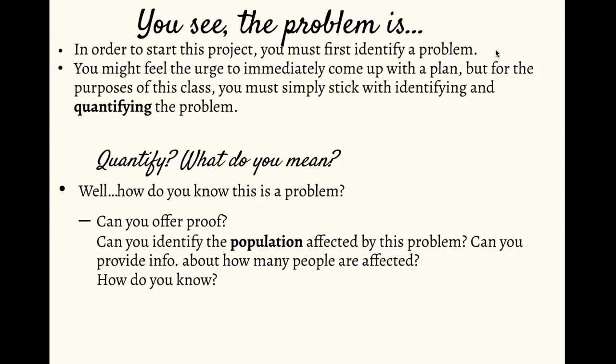A lot of times students will also provide detailed information about the population and what characteristics they all have that contribute to them suffering or being impacted by this problem. And you want to make sure you're showing your audience, how do you know? So that's really what I mean by quantifying, and it's extremely important in order to have a successful and sophisticated proposal.